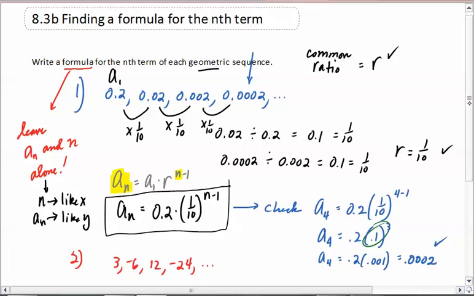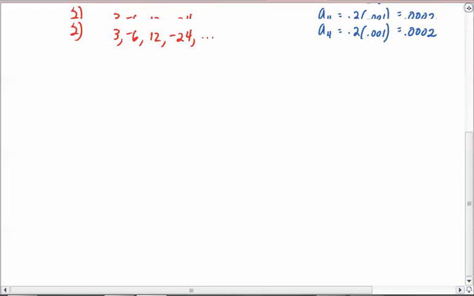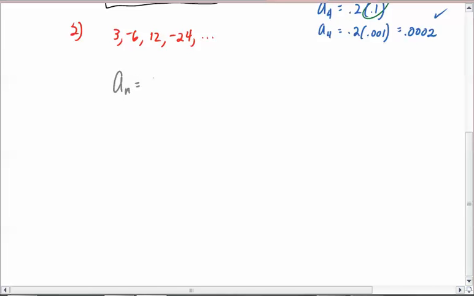All right, let's take a look at another one. We're going to find the formula for the nth term. So here's my formula. And remember, we're going to leave these untouched. All I really need to know is my a sub 1. Well, I have that.